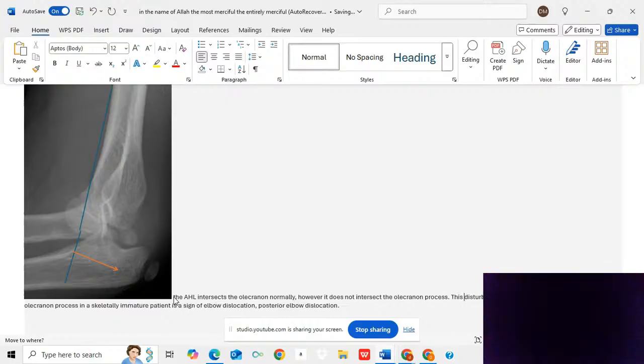This means posterior elbow dislocation, yet no elbow fracture.